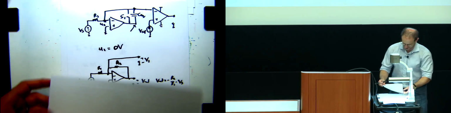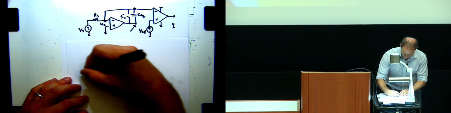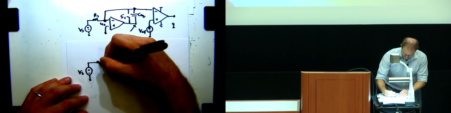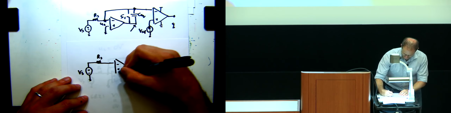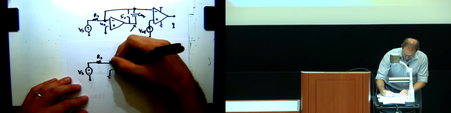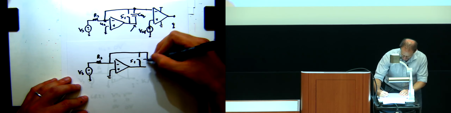Okay? So let's actually go ahead and really redraw that. What we're saying here is that we're going to have a Vs, we're going to have an Rs, we have the op amp, we still obviously have the switch here because that's what's needed to initialize everything.